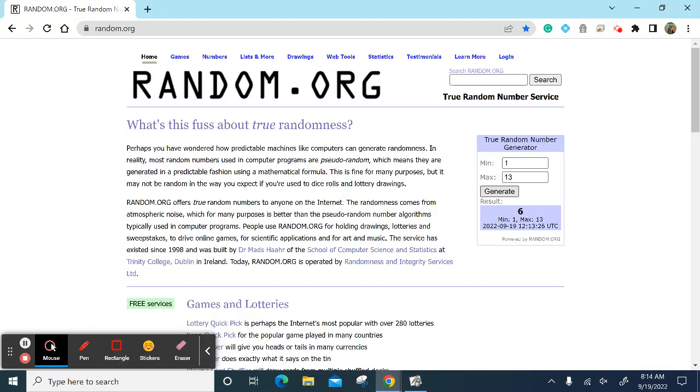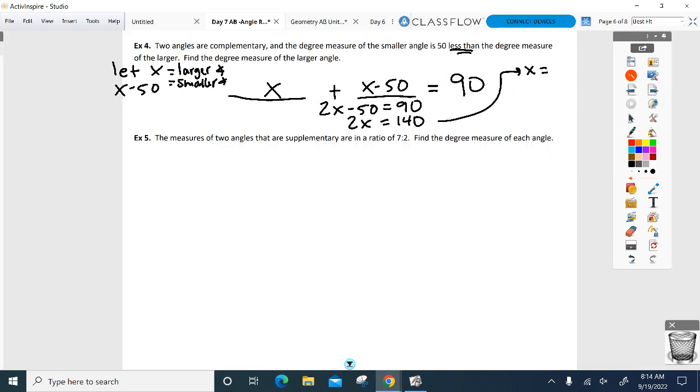And when you're ready, let me know your x value. 25. What'd you get? 25. How are we getting 25 out? You get 2x minus 50. How do you move the 50 over? I got 70. Okay, 70 is x.